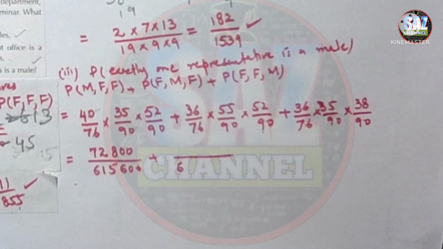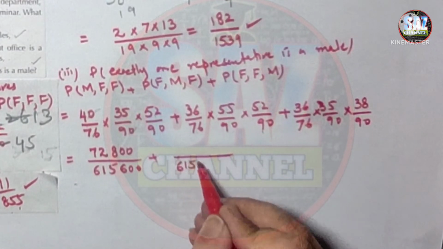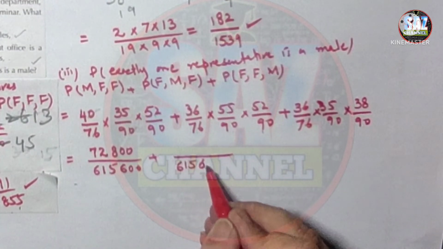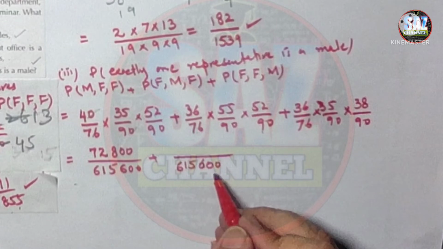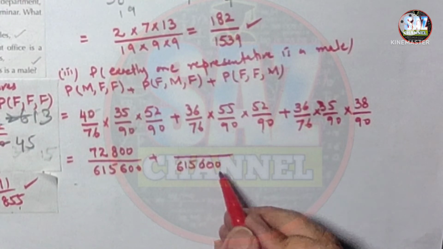Let me reassure this: 90 multiplied by 90 multiplied by 76 is 615,600.